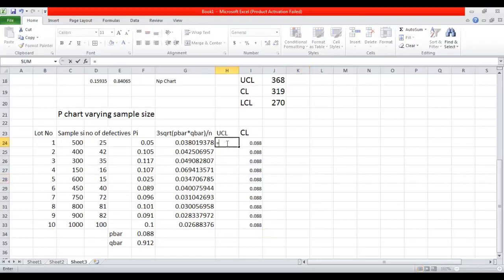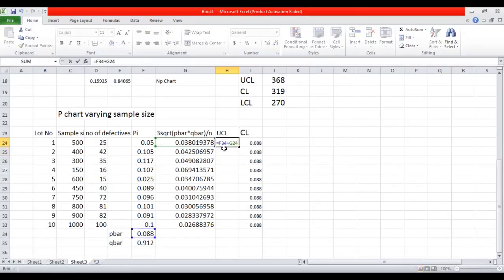What is the UCL formula? UCL formula is P bar plus 3 under root P bar Q bar by N. So this is the value of 3 under root P bar Q bar by N, and you will get the required UCL.